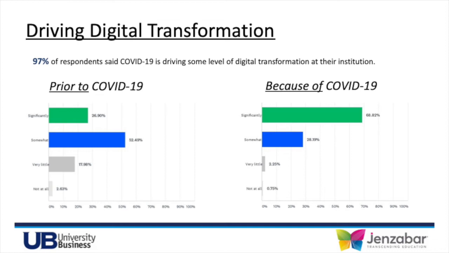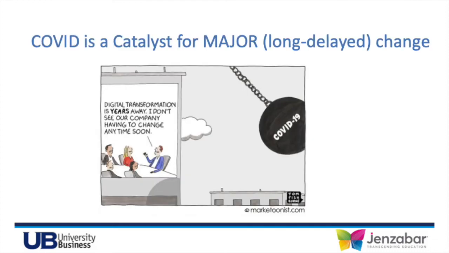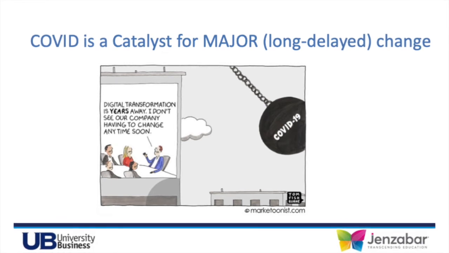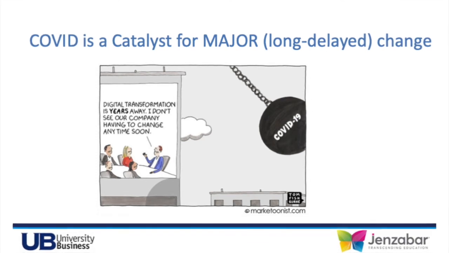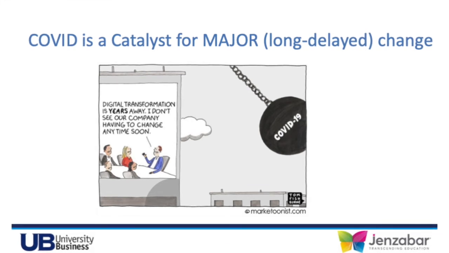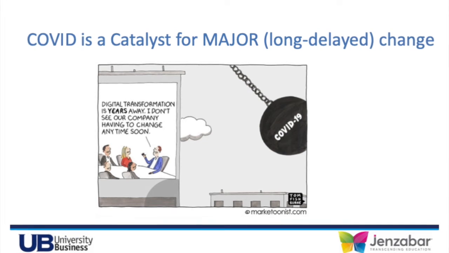Jeff, how did this strike you? I know you guys have this great cartoon here. Yeah, give you a second. I mean, when you see the 97%, it's great to see, right? Because it does speak a little bit to that agility, that ability to react a little bit. I think it also speaks to how reactionary we were caught.